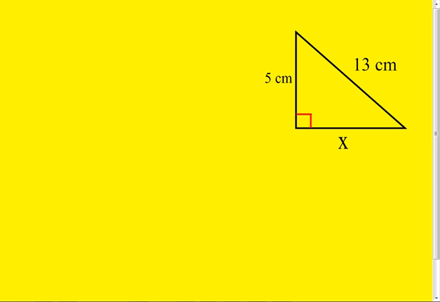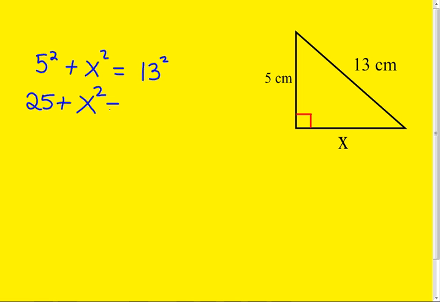Because, Cole, can you write the equation for me? 5 squared. No, careful. It's leg squared plus leg squared. X squared equals 13 squared. So 5 squared is 25. TJ, do you know what 13 squared is? 169.